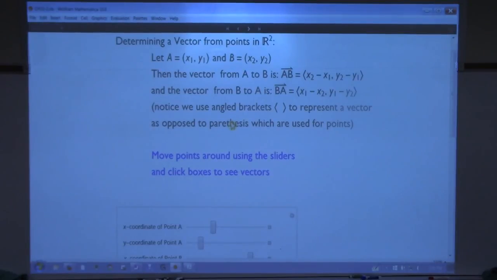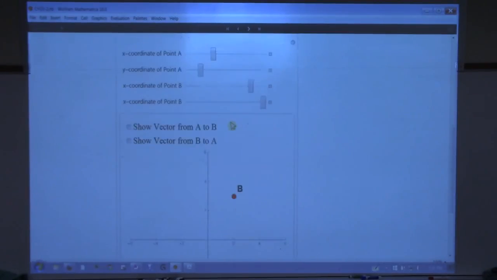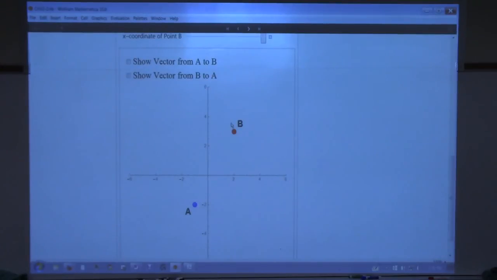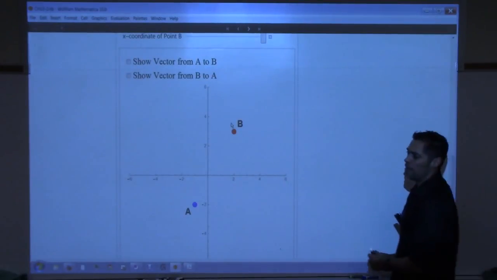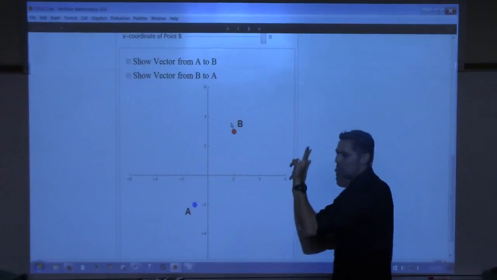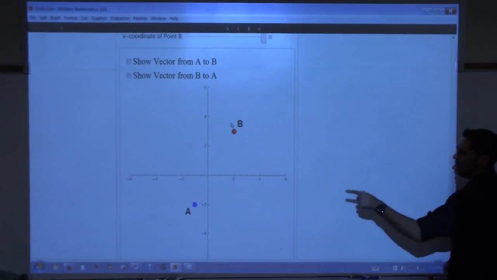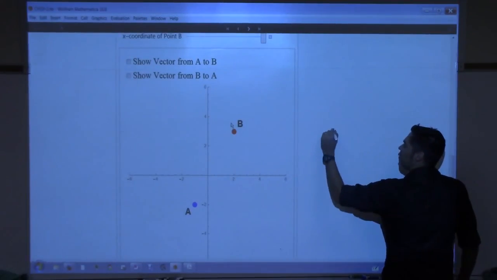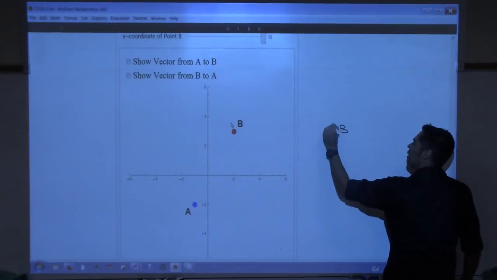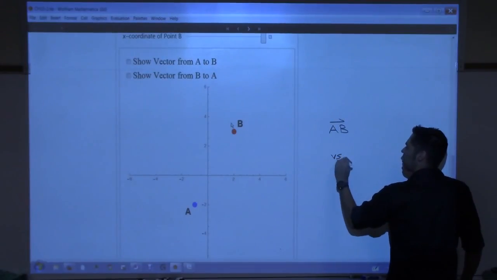So how do we determine a vector in two-dimensional space? If someone gives us 2 points in two-dimensional space, we need a way of defining the vector connecting these two together. And there's 2 of them possible. If we have 2 points, we can talk about the vector AB versus the vector BA.